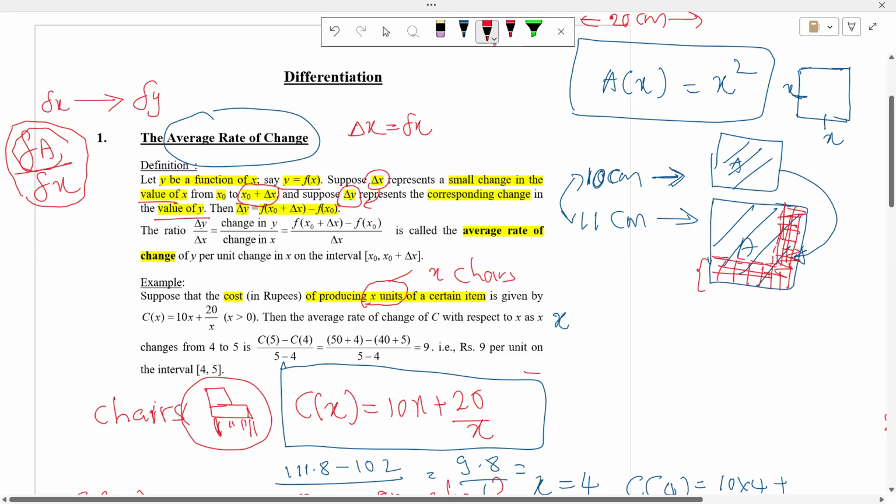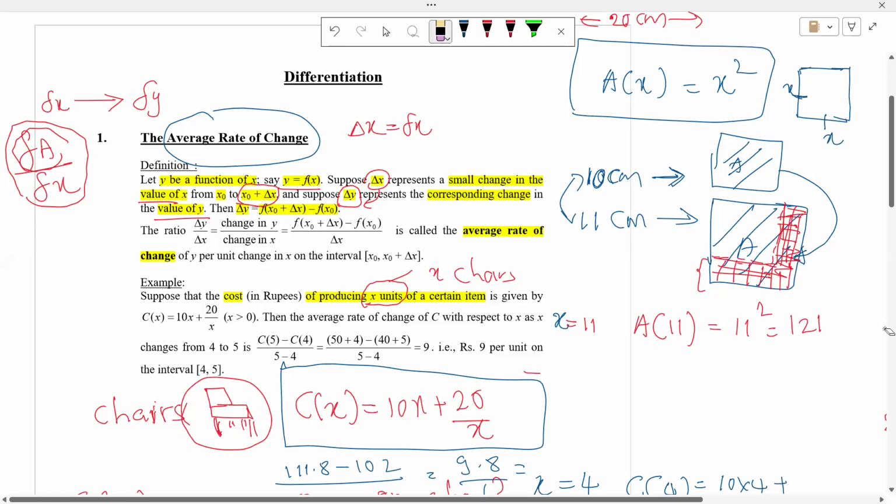So how can you find it? First of all, you replace with x is equal to 11 centimeter. If you put x is equal to 11, what will happen? A11, that is your area after increasing by 1 centimeter, is equal to 11 to the power 2, which is 121 units, whatever the units.